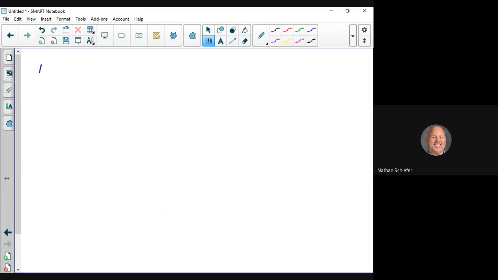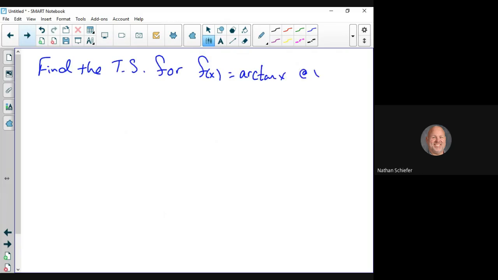So, find the Taylor series for f of x equals arctan of x at x equals 0. Now, we come back to what was said earlier, that arctangent is the antiderivative of what?